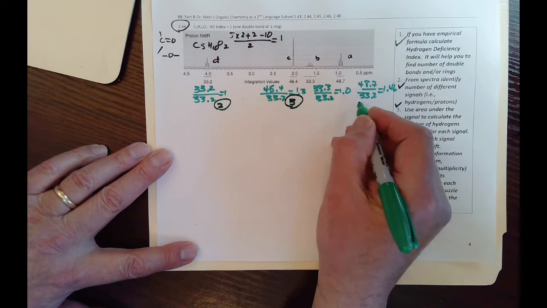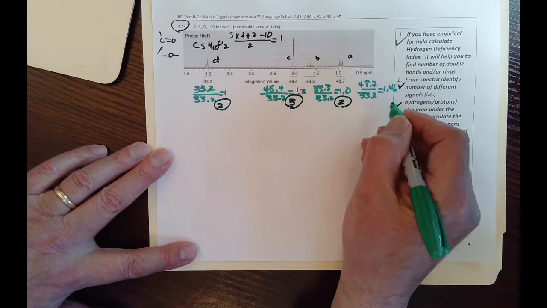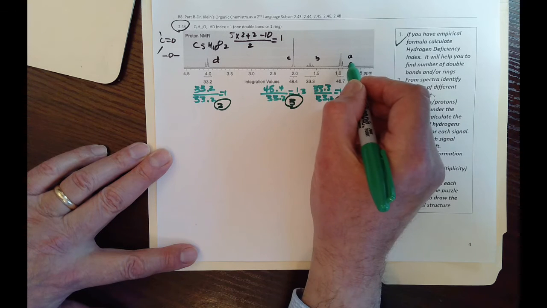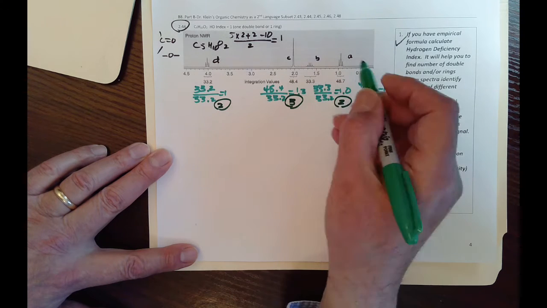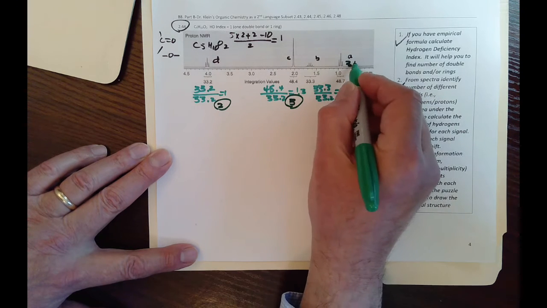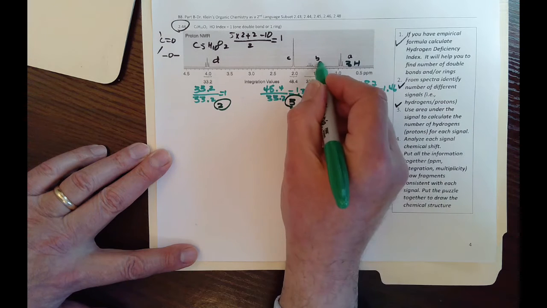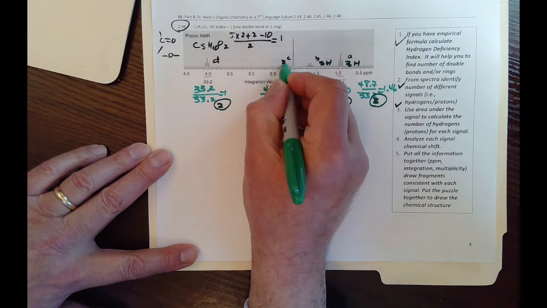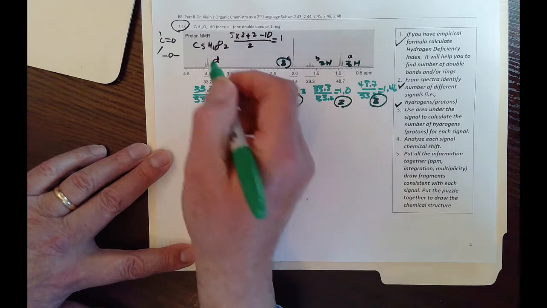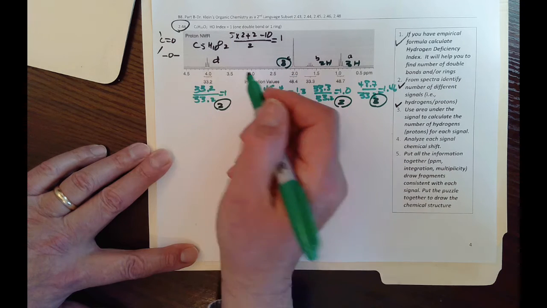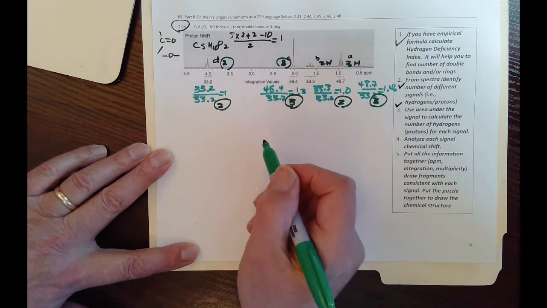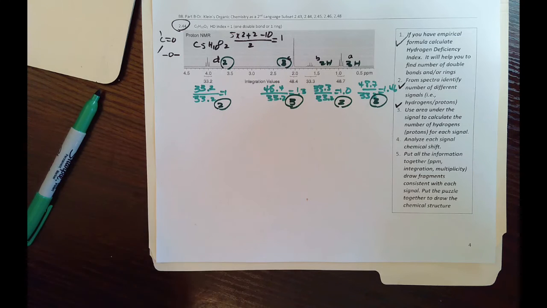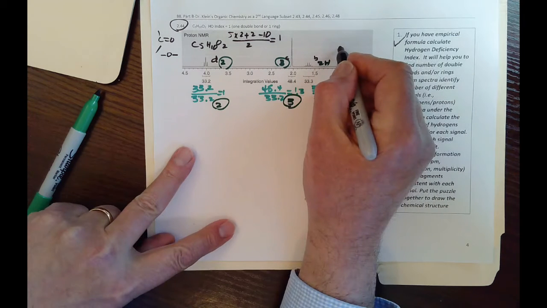Then we have 2, and we have 3. So these are hydrogens, right? So I'm going to write it for my A, B, C, and D. So we have 3 hydrogens here, 2 hydrogens here, 3 hydrogens here, and 2 hydrogens here.